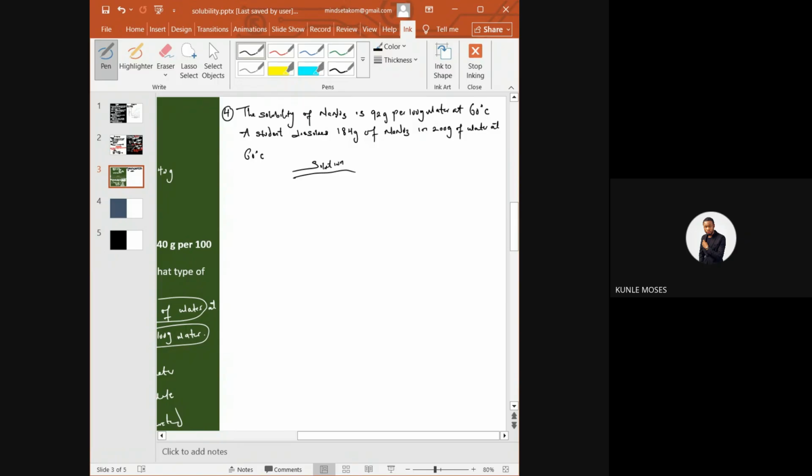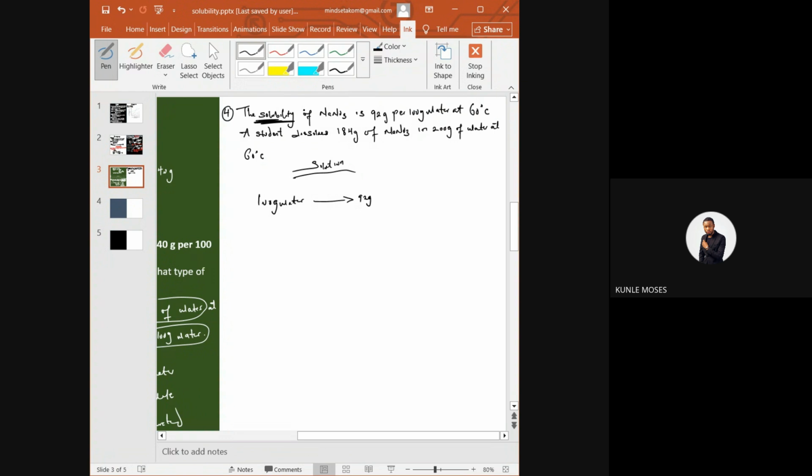Lillian, where do you make mistake? Look at the question. It said the solubility of sodium nitrate is 92 gram per 100 gram of water. It simply means 100 gram of water should be able to dissolve 92 gram. This is the standard. You use the standard to calculate your experiment.